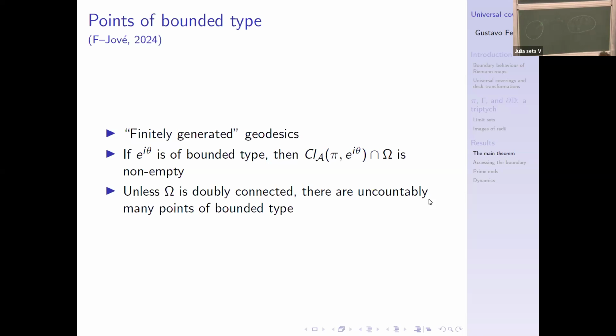And unless my domain is doubly connected, so if the connectivity is at least 3, then I will have uncountably many points of this type, because there will be uncountably many different ways that I can combine things here. Okay, which is bad news, because this means that in general, it will have quite a few bad points.